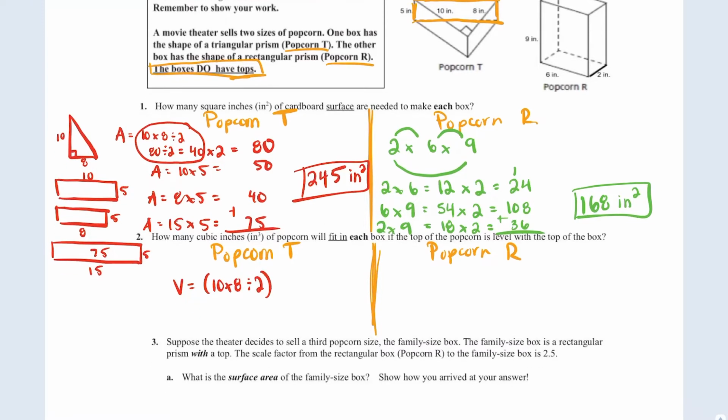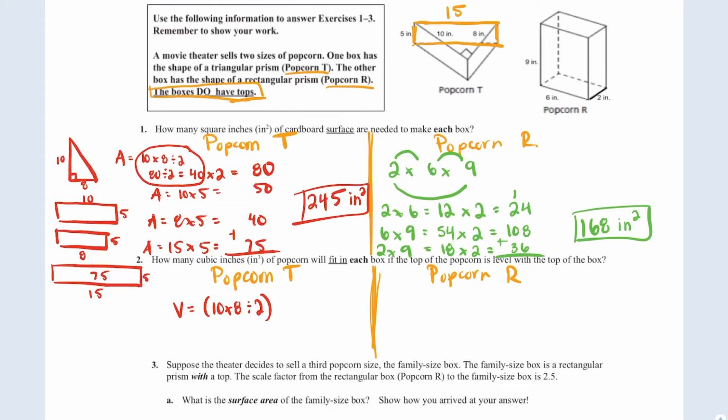And then to find the volume, we take the area of the base and multiply it by the height of the prism. The height of the prism is going to be here, and that's going to be 5 inches. So you take this, which is 40, and multiply it by 5 for a total volume of 200 cubic centimeters.